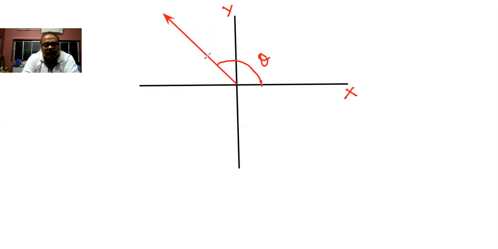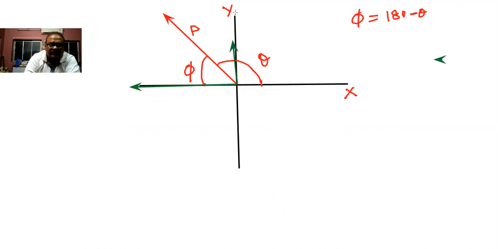So if I just take this as phi, where phi is equals to 180 minus theta, and this is your vector p. So in that case, what we can say? We can say that the component along the x-axis is this one, and the component along the y-axis is this one. So we can say this is your px and this is your py.